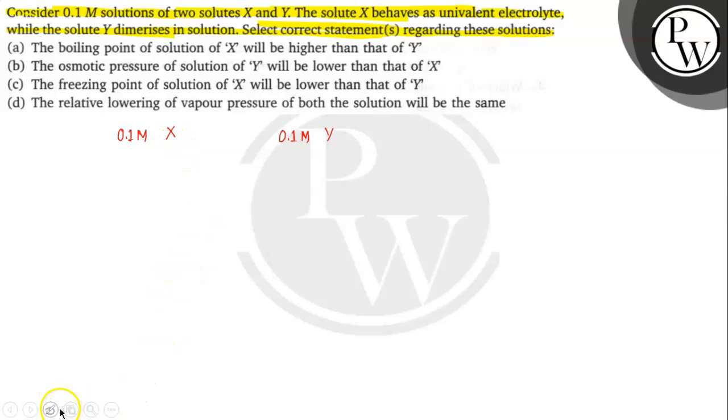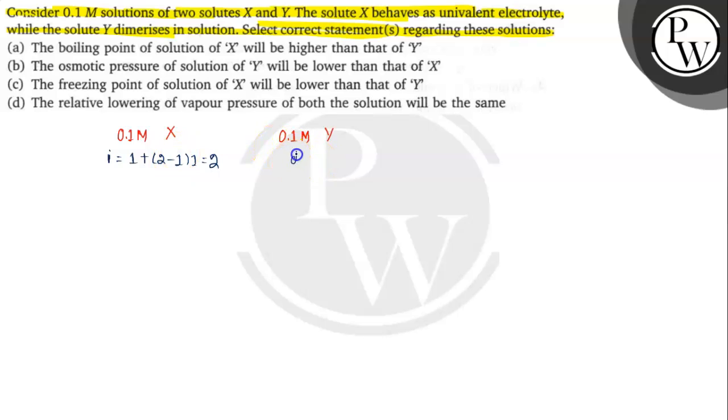X is a univalent electrolyte. That means it dissociates in solution, and the Van't Hoff factor will be the number of dissociated ions. Univalent means the number of dissociated ions is 2, so for a univalent electrolyte the Van't Hoff factor is 2.